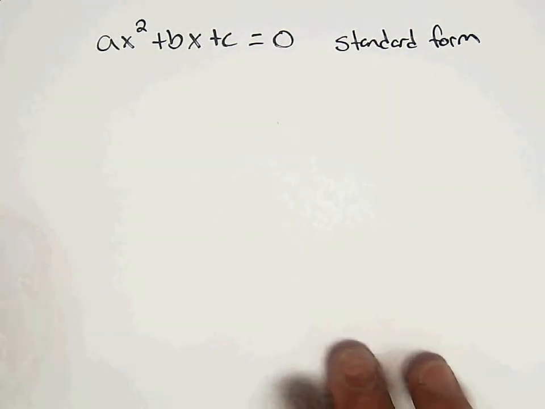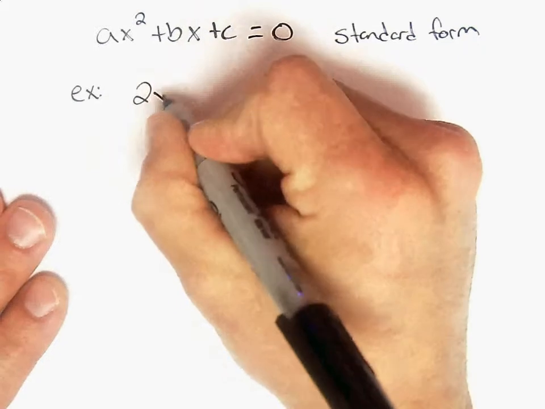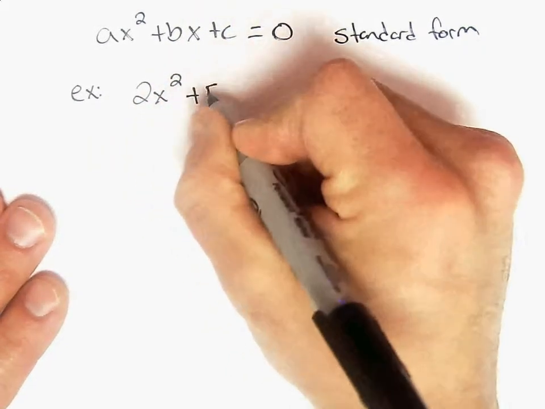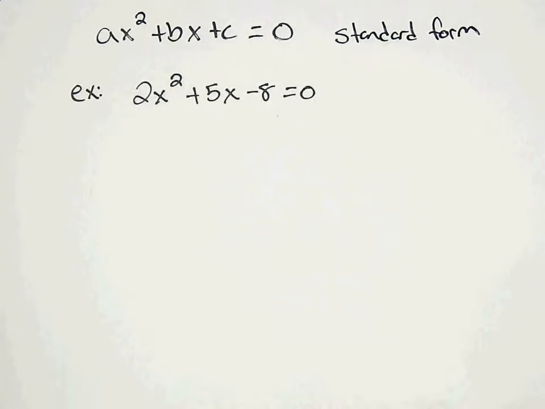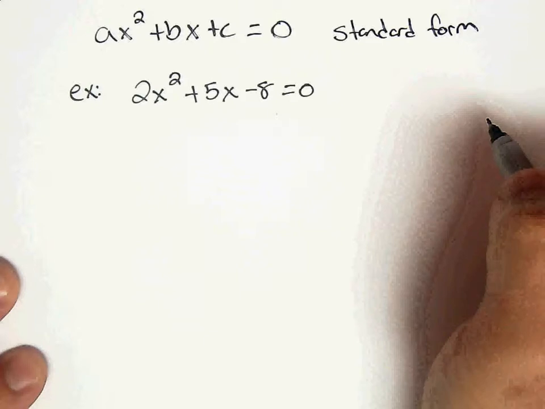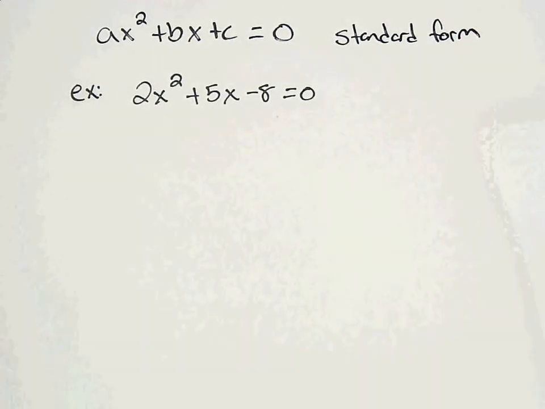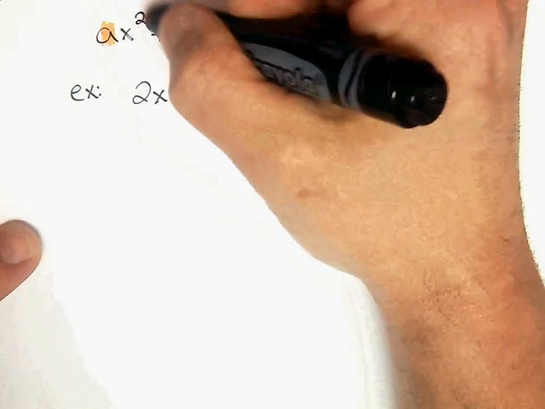Let me give you a quick example. An example of a quadratic equation written in standard form would be something like, I don't know, 2x squared plus 5x minus 8 equals 0. So it's an equation. It has an equal sign. It's a quadratic. In this case, just so we understand what I'm talking about, the number in front of your x squared, that's your a.